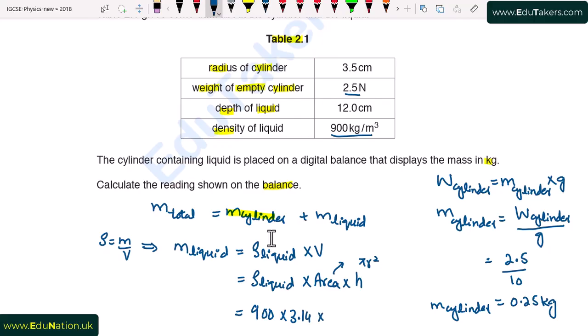The radius is 3.5 centimeter, and we have to convert this value into meters, so it will be 0.035 square, and I have converted 3.5 centimeter into meters, multiplied by height or depth, that is given 12.0 centimeter.